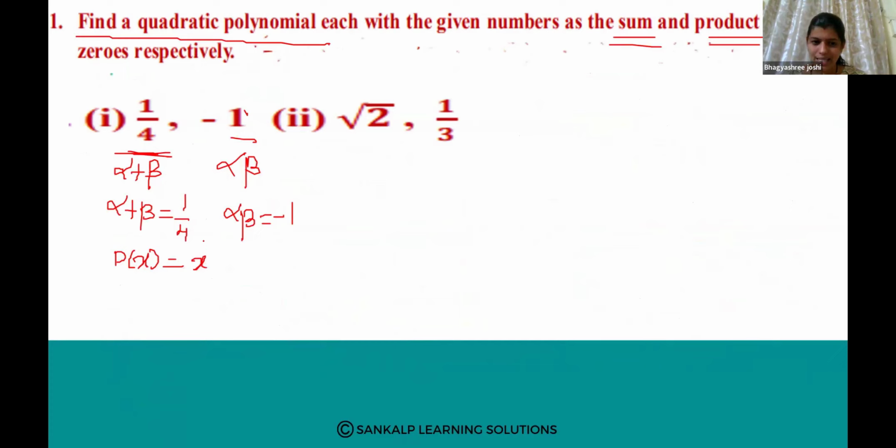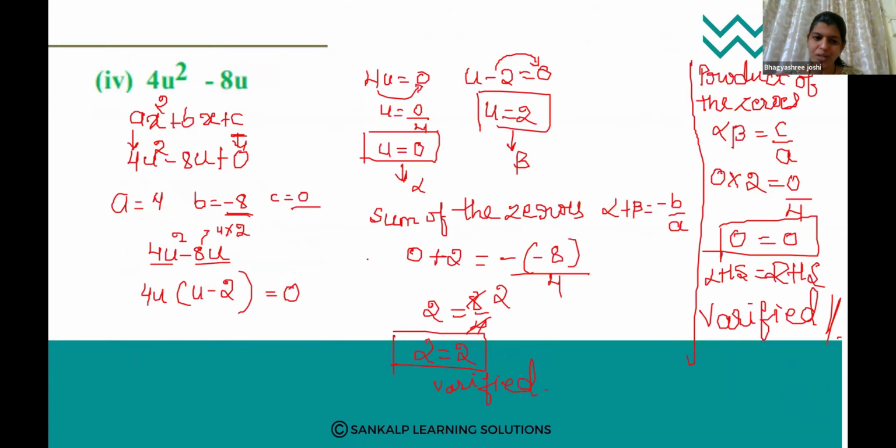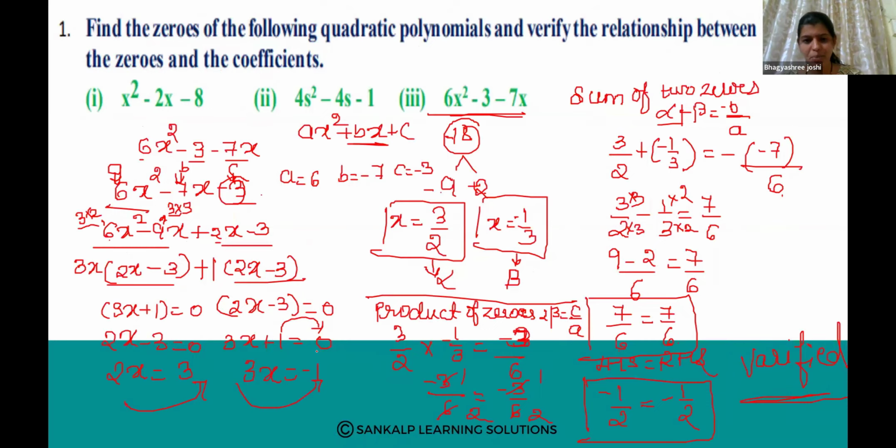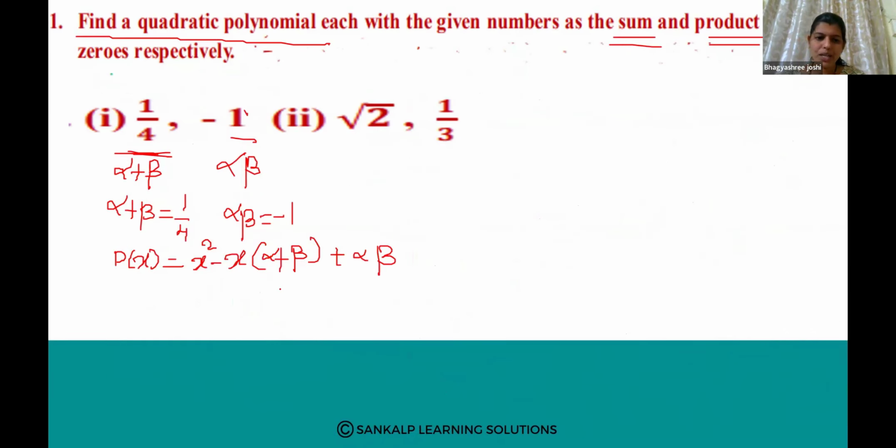Expression is x square minus x into alpha plus beta plus alpha into beta. Remember, x square minus x alpha plus beta plus alpha into beta. Right? Now, we know the value of alpha plus beta and also we know the value of alpha into beta.